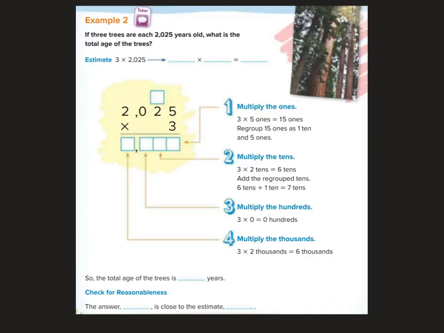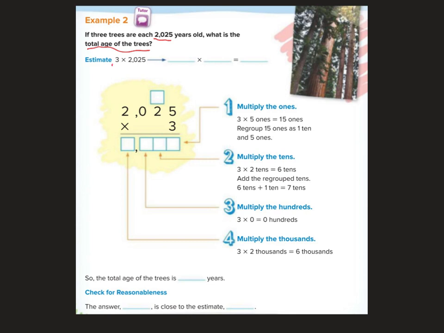Let's try another one. So this is going to be like straight up multiplication, no partial products, no distributive property. It's just going to be our normal way of multiplying. First, it says if 3 trees are each 2,025 years old, what is the total age of the trees?